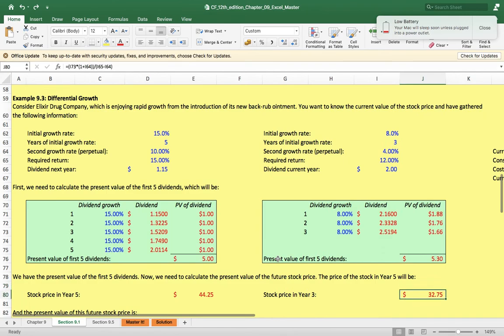Now, what happened? Once you calculated the 5.30, first stage growth rate, you have calculated all the dividends and their present value. Added back, it came 5.30. That is the annuity part of the formula.